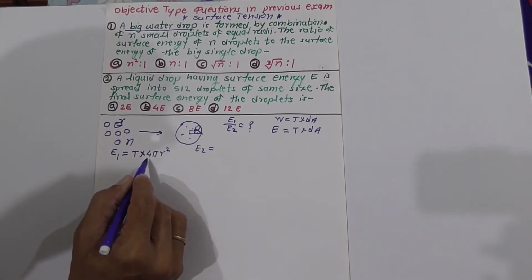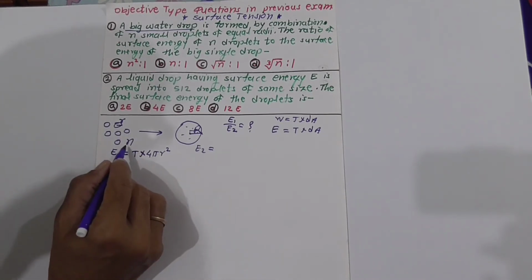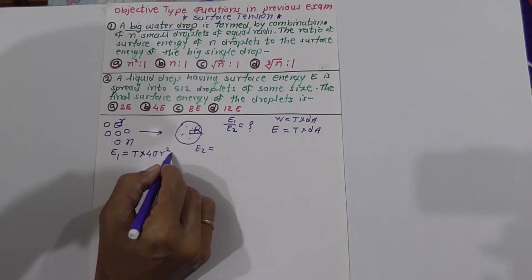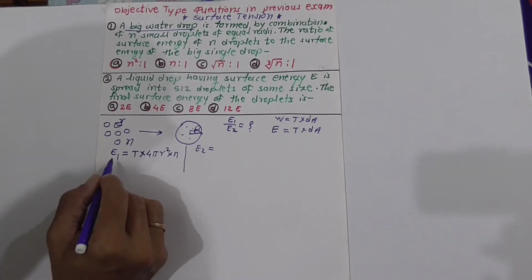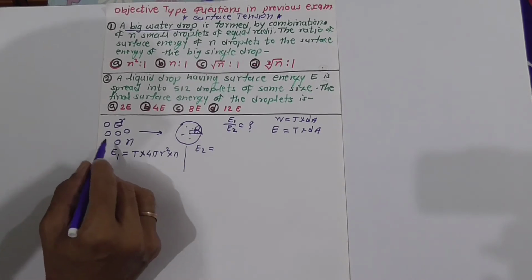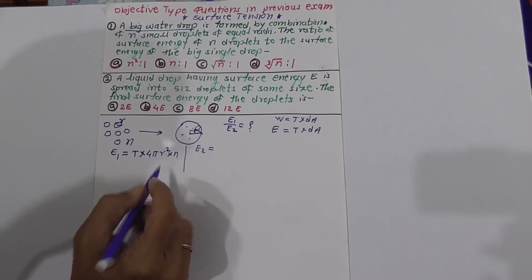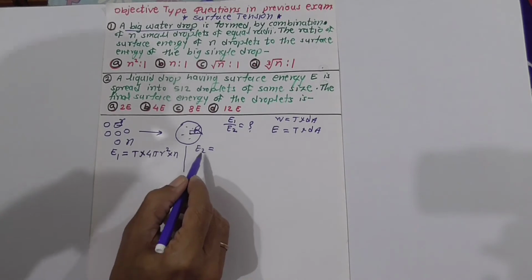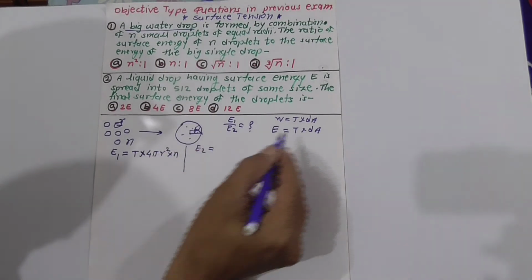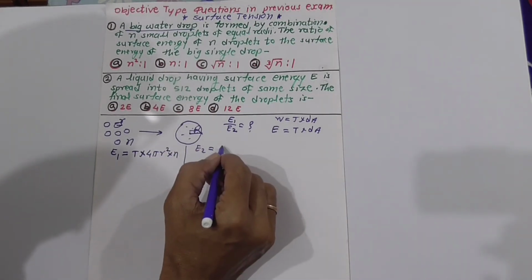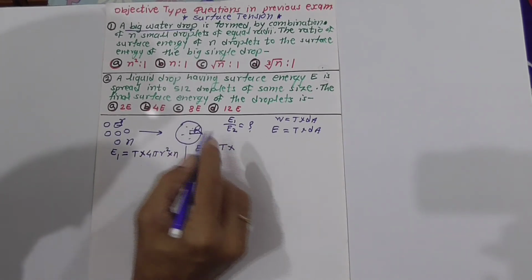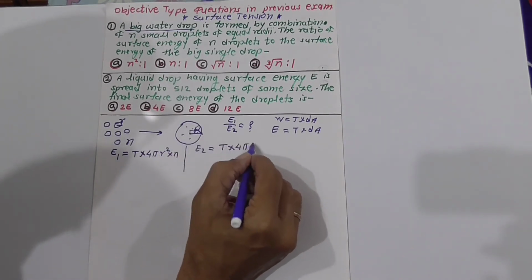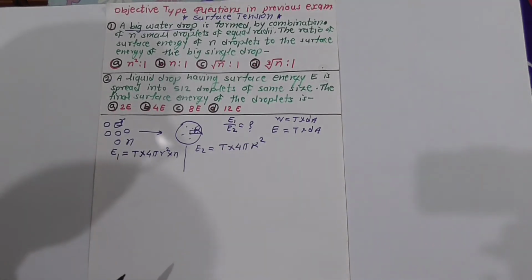As there are n droplets, we multiply by n. This is the value of E1, the surface energy of all n droplets. What about the surface energy of the single drop? Same expression, T into dA, where dA is the area of the single drop, 4 pi capital R square.